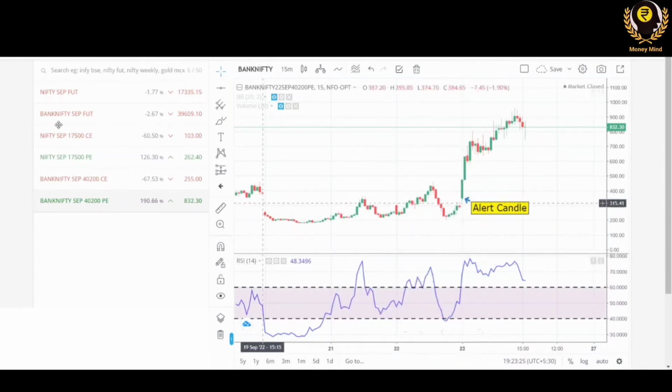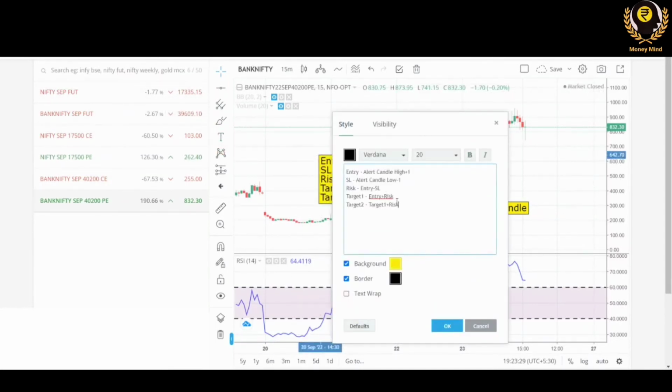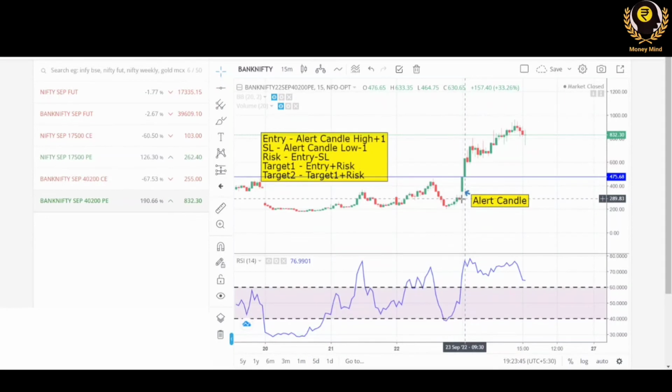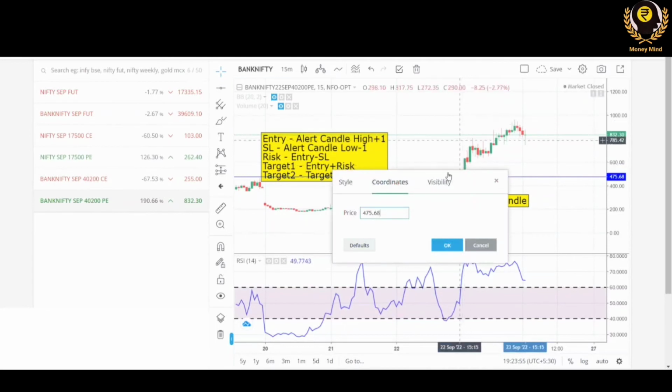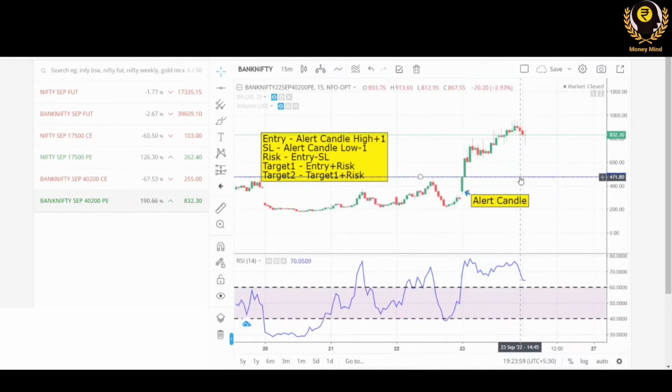I'll quickly identify my entries, my stop losses and targets. So the high of this candle is 475.5. I'll take a roundup of 476 as my entry. Low of this candle is 329.65.